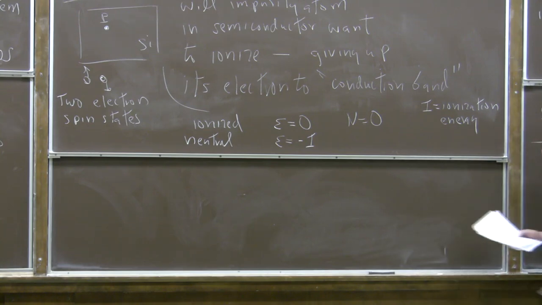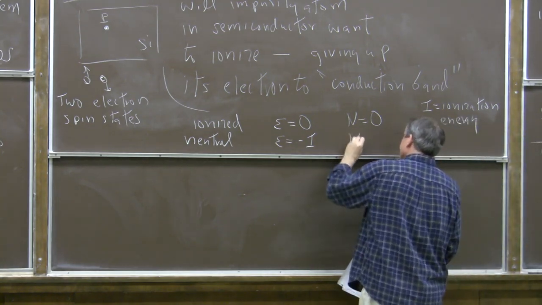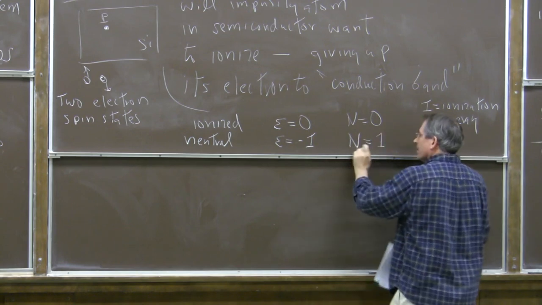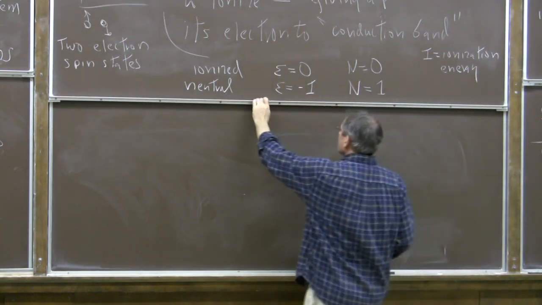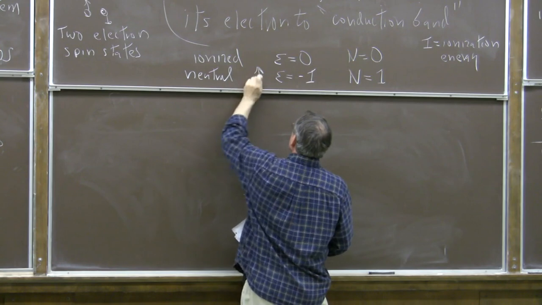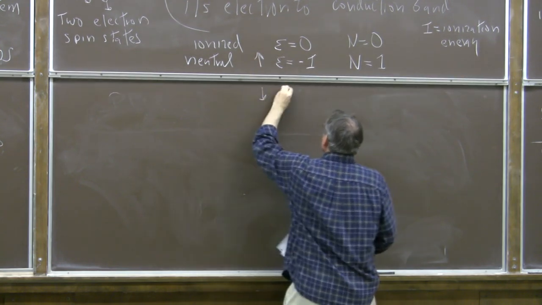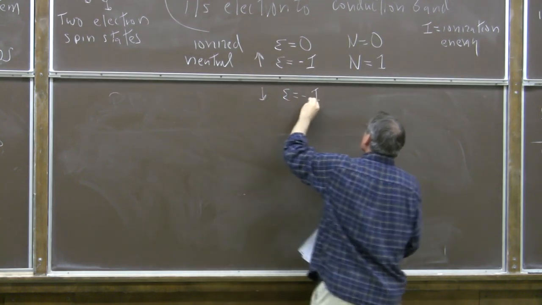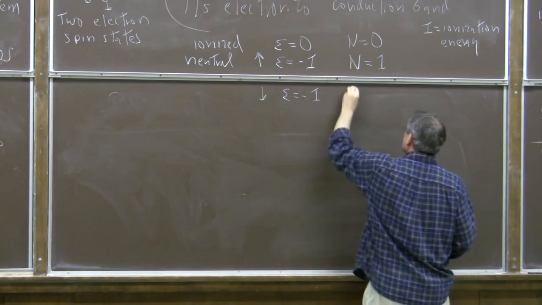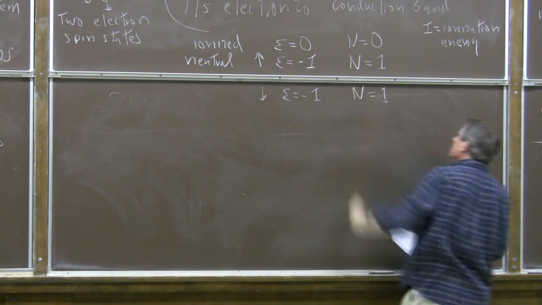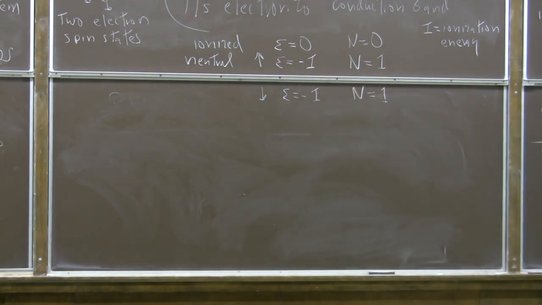And that has particle number 1. But there are two such states, of course, spin up and spin down, and they both have the same energy. The energy doesn't depend on the spin, and they both have one electron. So in other words, the electron on the phosphorus atom can be either a spin-up electron or a spin-down electron.